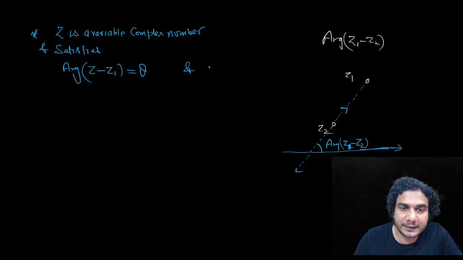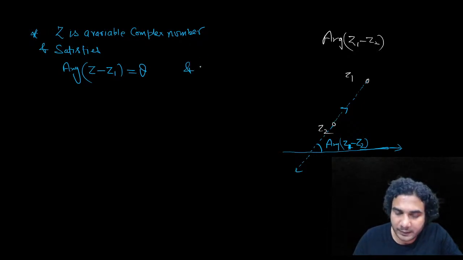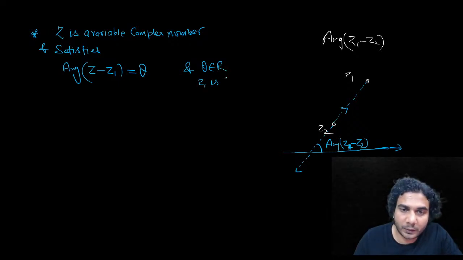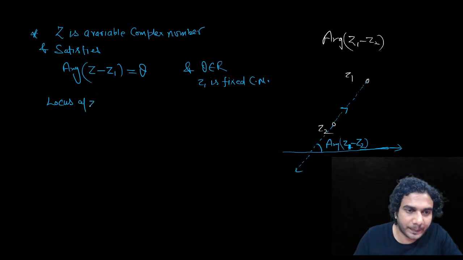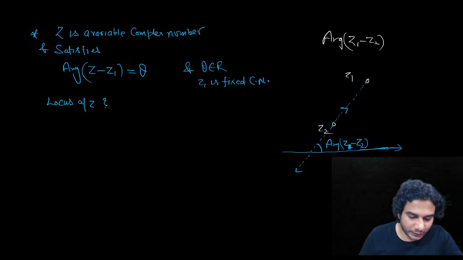Theta and z1 are fixed. Theta is a real number and constant, and z1 is a fixed complex number. Then what is the locus of z? The locus of z we need to figure out. So that is our question, locus of z.